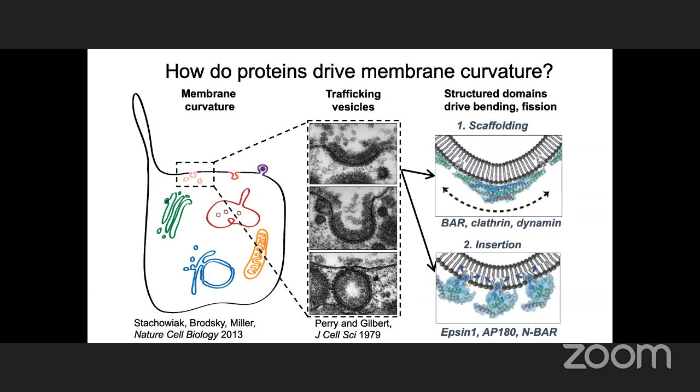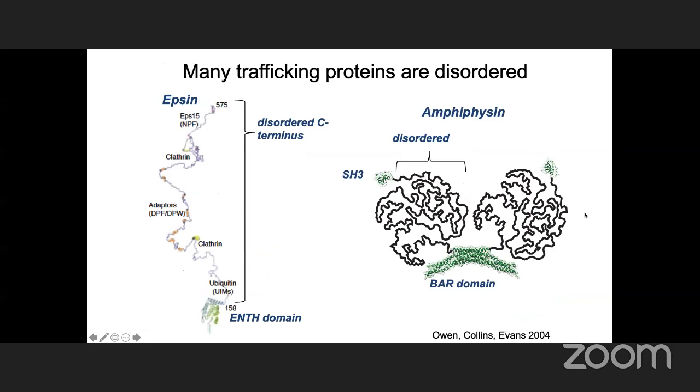So what kinds of protein drive this curvature? Well, most of them have one of these two features, a curved scaffolding surface or a wedge-like insertion. Both of these ideas require specific structural motifs. However, it is interesting to note that these proteins also have large intrinsically disordered regions.